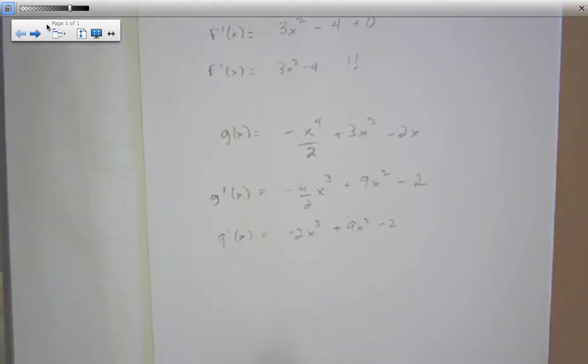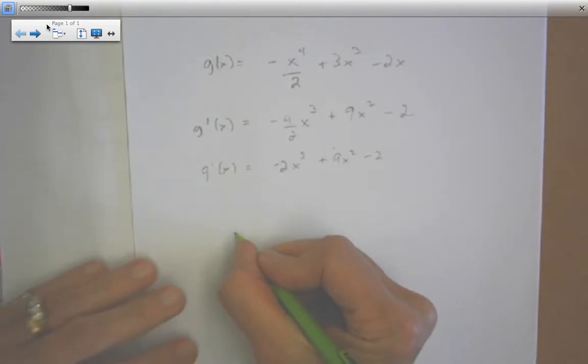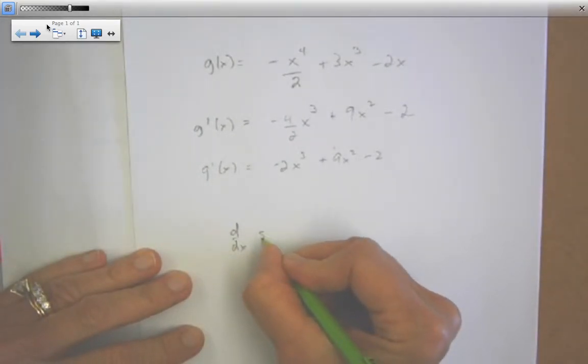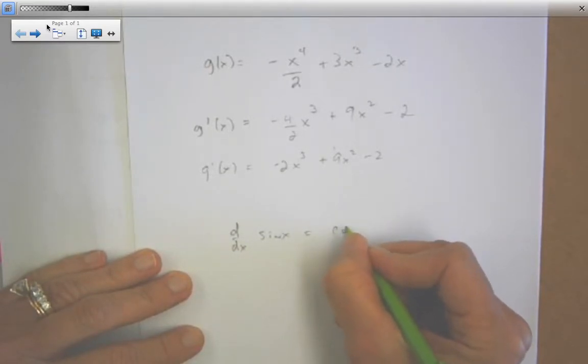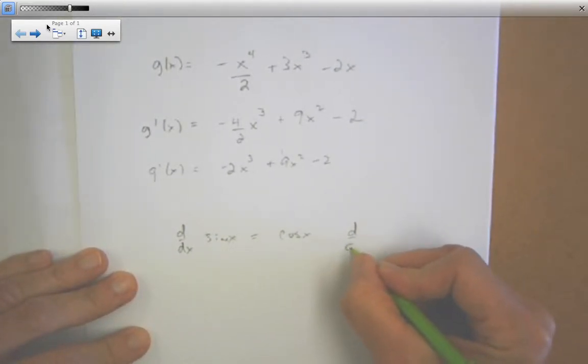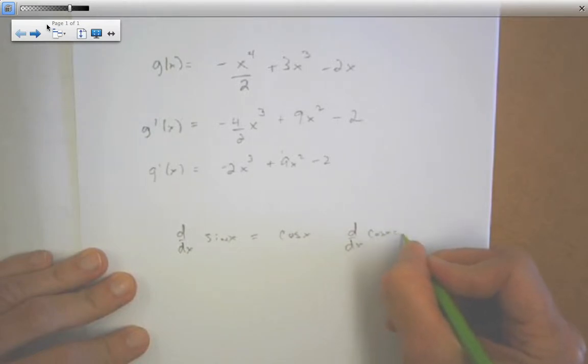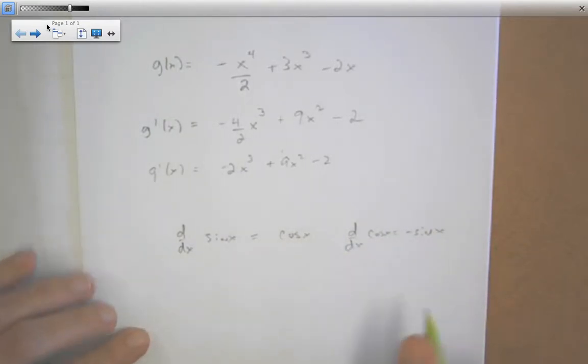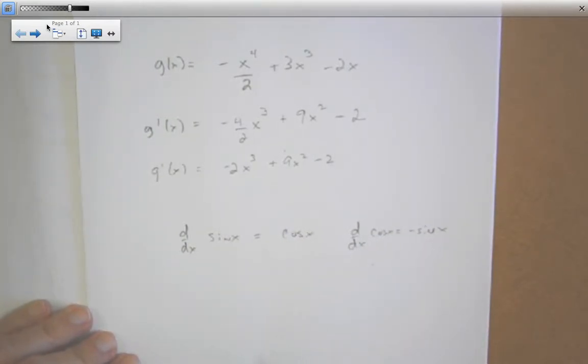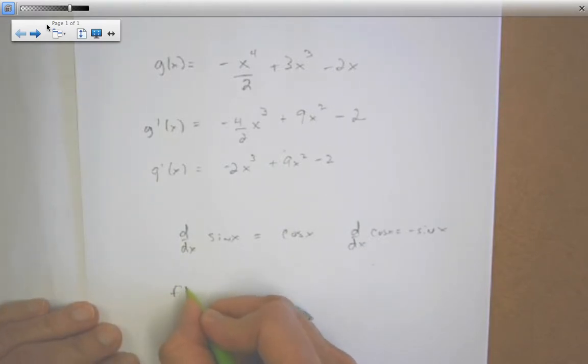There's your derivative. Now, the next set of rules that are most important is the derivative of sine. The derivative of sine is cosine, and the derivative of cosine is negative sine. And it's best if you just memorize those. So, for example, let's say f of x equals 2 sine x.